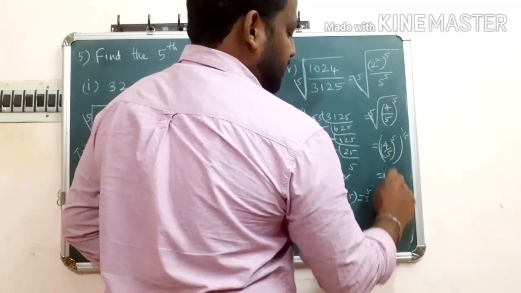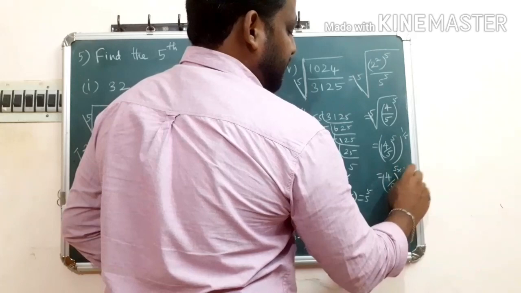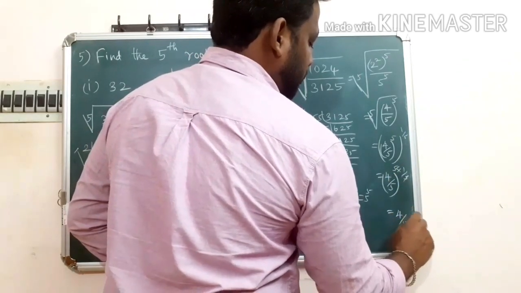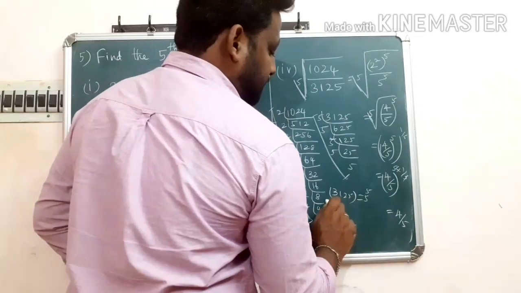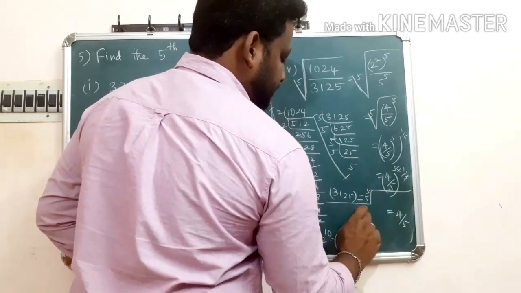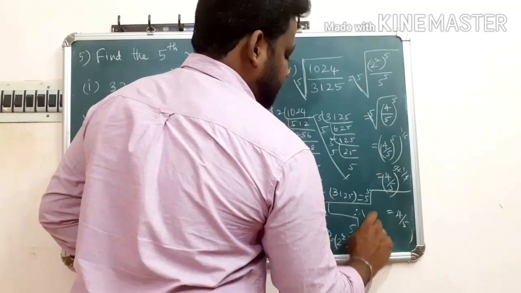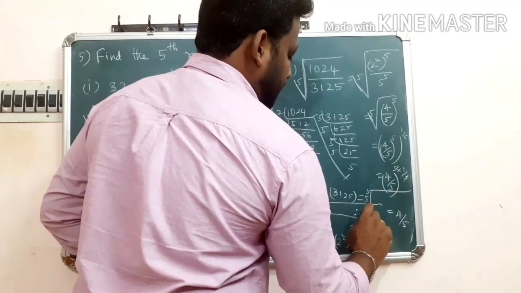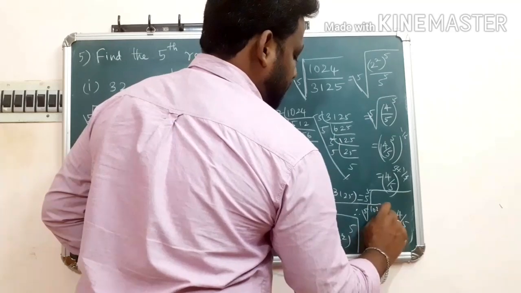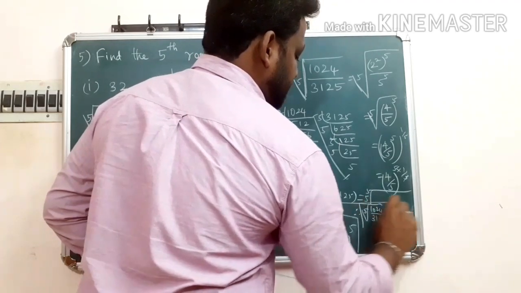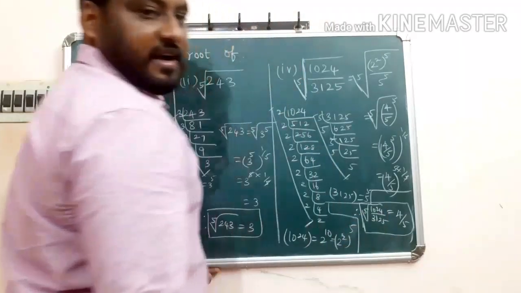So 4 by 5, the whole power 5 into 1 by 5. 5 will be cancelled, which is equal to 4 by 5. So therefore the fifth root of 1024 divided by 3125 value is equal to 4 by 5.